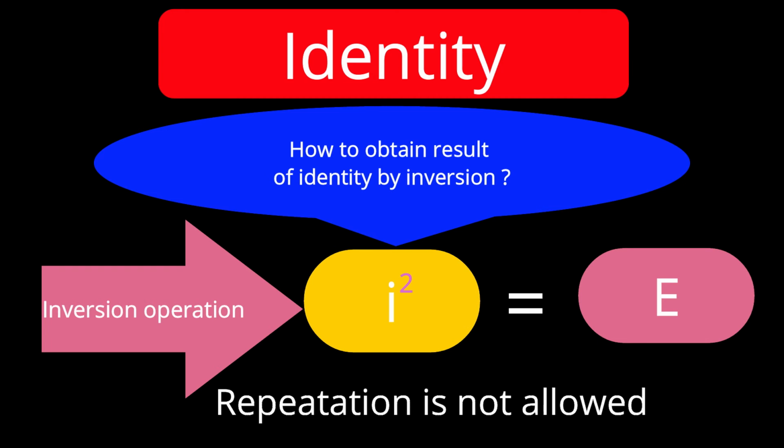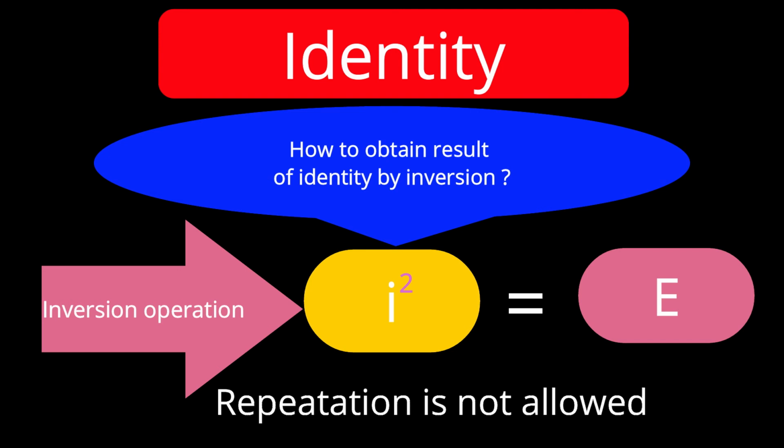Likewise, if I do inversion of inversion, I will get the result of identity. So the identity operation I can achieve through the center of symmetry by double inversion, meaning i squared. So i^2 is equal to identity. So there is only one operation possible for the inversion element, as there was for reflection.